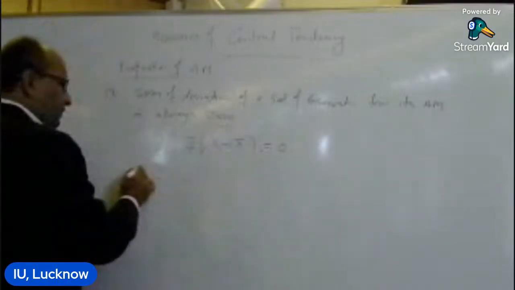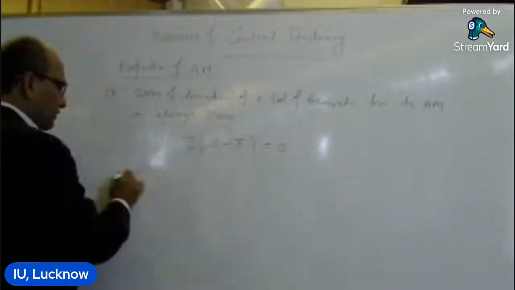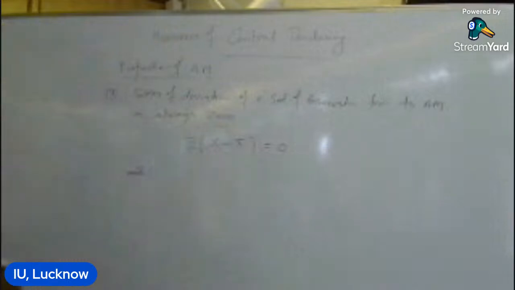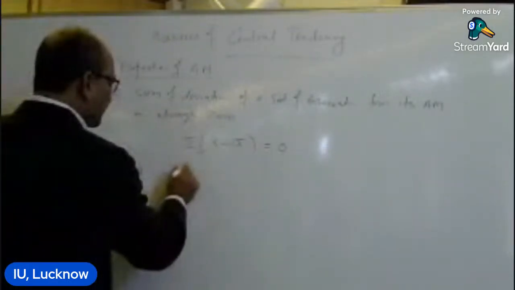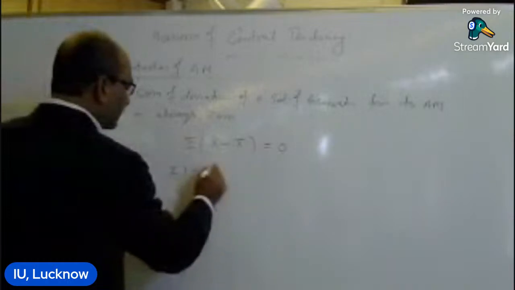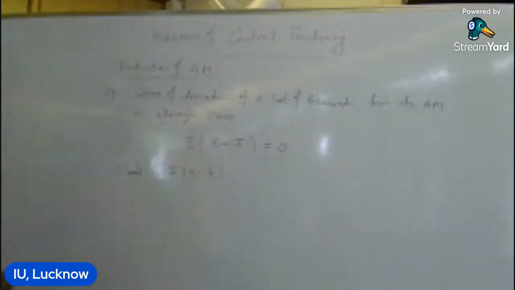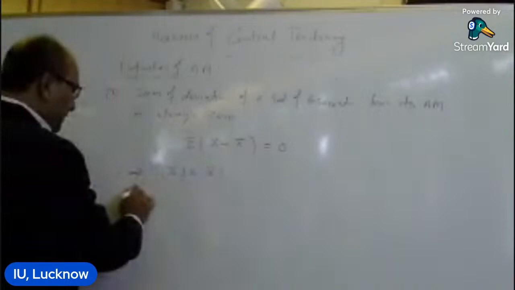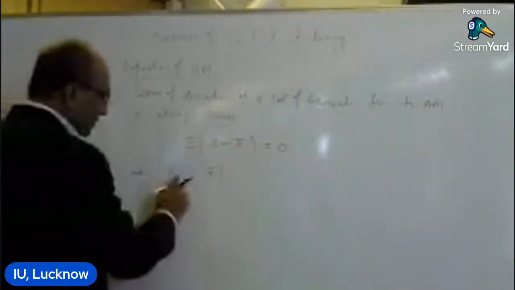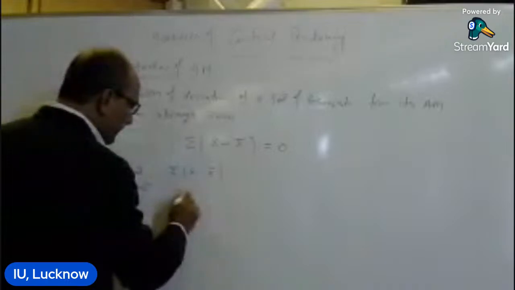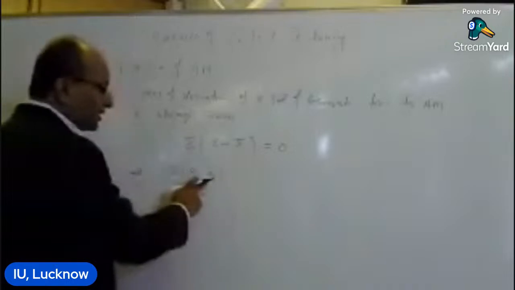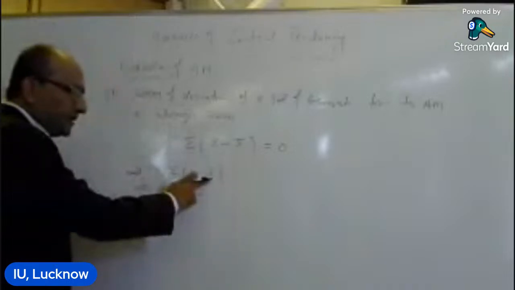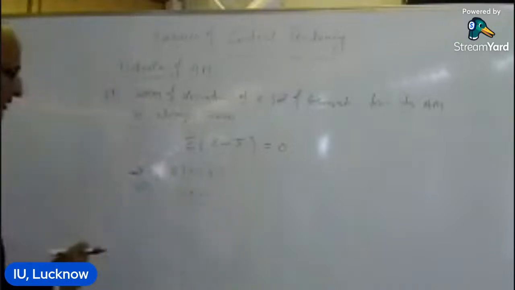To show how it becomes 0, just take the left hand side, which is summation of x minus x bar. Now open the bracket, and this can be written as sum of x minus sum of x bar. x bar is a constant because x bar is the mean, and a mean is constant, whereas x is the variable.